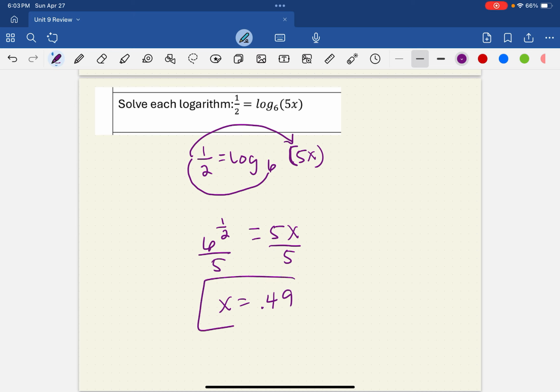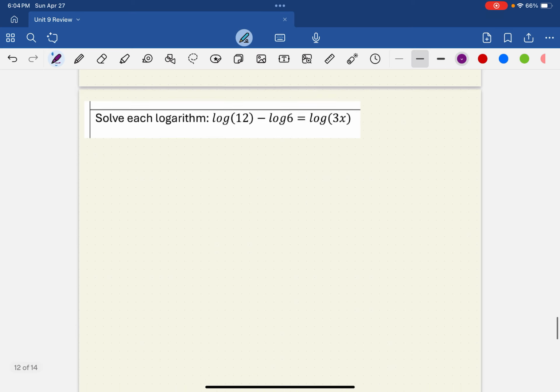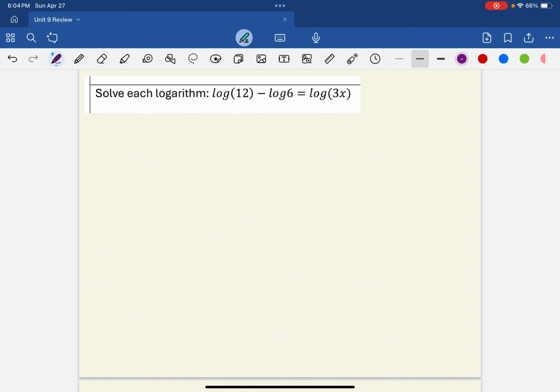Okay, final answer. Let's go to the next one. Okay, so this one we've got 3 logs. So we do need to condense this side first. And then we can use our one-to-one property, which tells us to cancel logs of the same base on both sides.